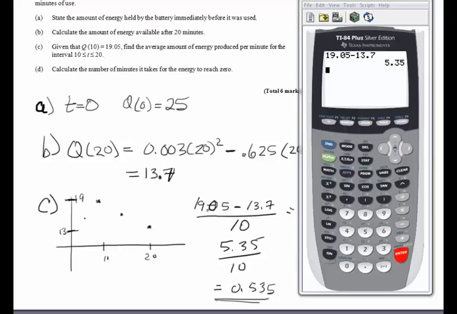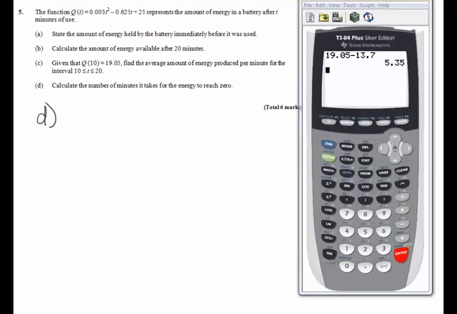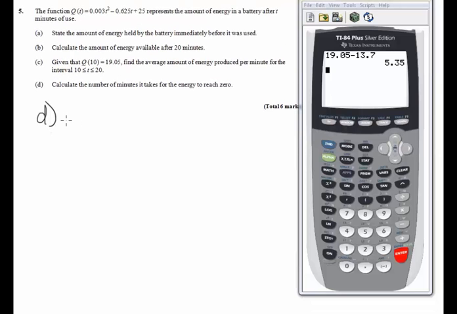And then finally part D, calculate the number of minutes it takes for the energy to reach 0. And I'm going to do that up here. Calculate for it to reach 0. So really I'm going back to my equation and setting it equal to 0.